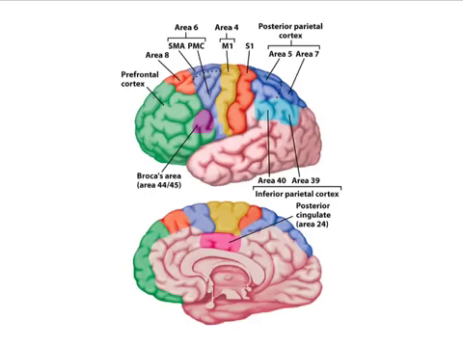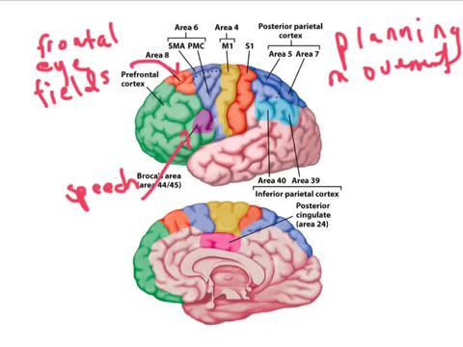You also have the frontal eye fields here in area 8, involved in eye movements, and you have the posterior parietal cortex here that's involved in the planning of movement. So here you are: Broca's area, speech; the frontal eye fields in area 8, movement of eyes; and planning of movement, which is in the posterior parietal cortex.